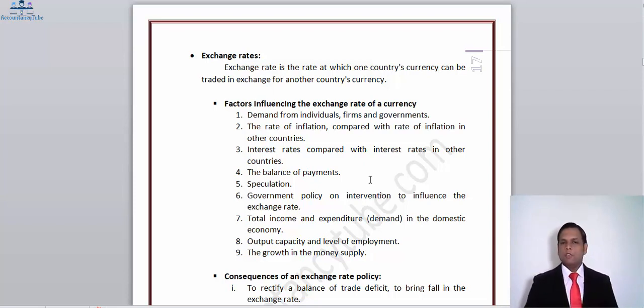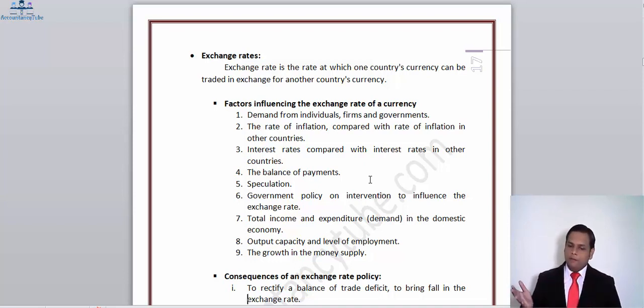Then we have speculation. Speculators are always there among foreign exchange dealers and banks. When they observe that a change in currencies is very likely, they start buying and selling depending upon the condition, and as a result act as a multiplier effect on the currency market.